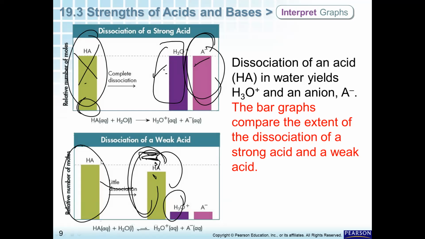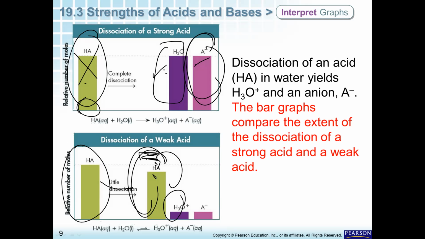In the case of strong acids and bases, the HA will completely ionize, and you will see the purple and the pink are exactly equal in concentration to the green one. While here the green is only less by whatever is ionized, like for example 1%, 2%, 3%, 5%, and that 5% is shown in these small ones. Okay, so that's graphically how you understand the strength of acids and bases.